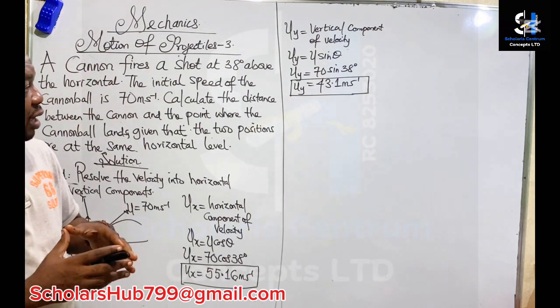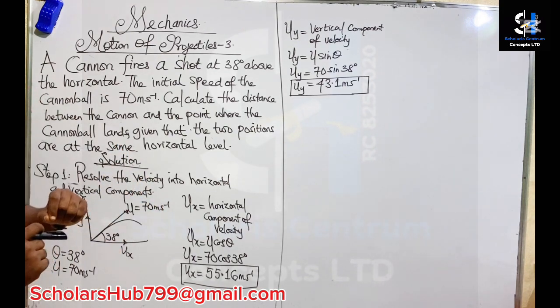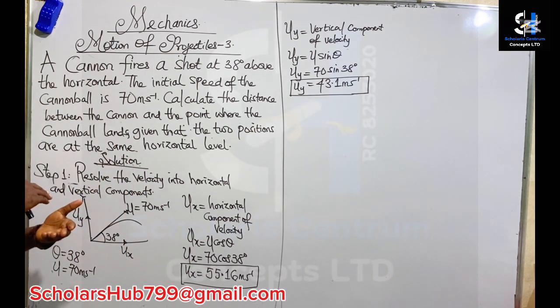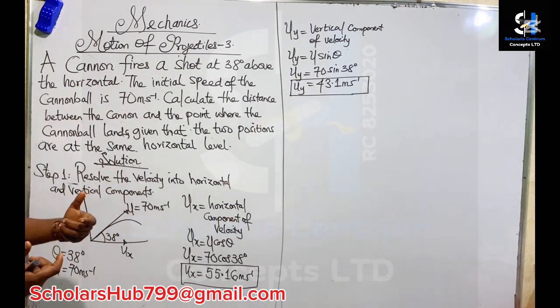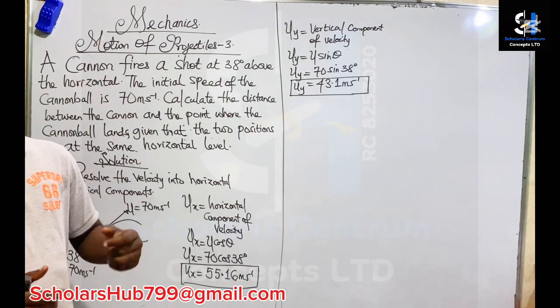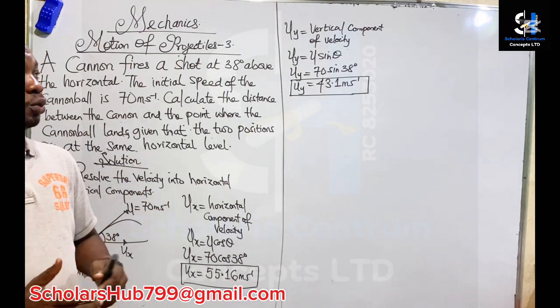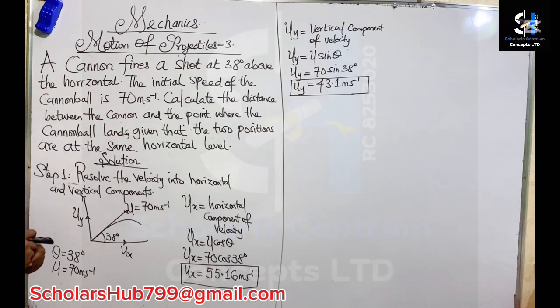The time of flight is the time it takes for the cannonball to land on the same horizontal level, that is, the time for which the cannonball has been projected, from when it is launched.